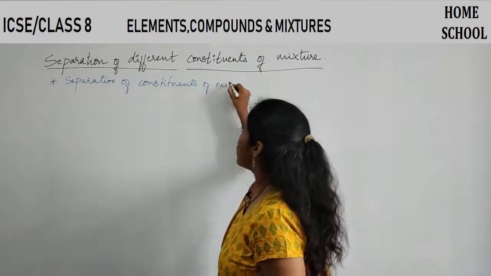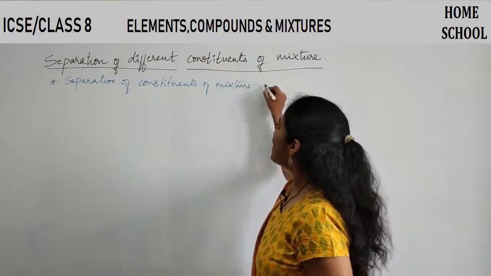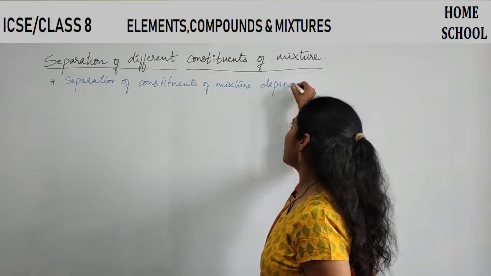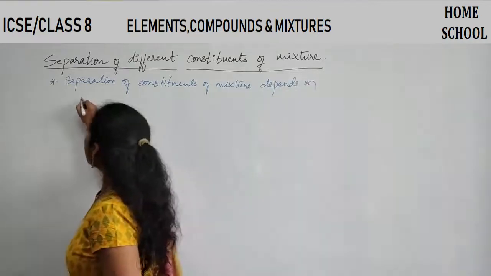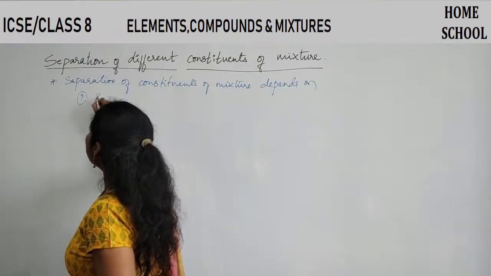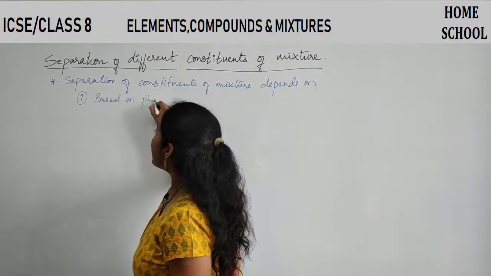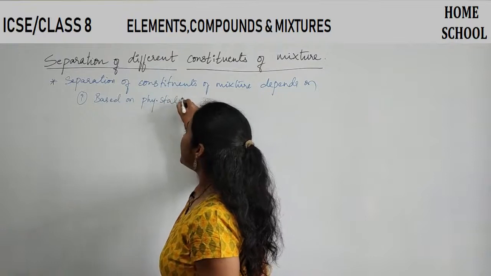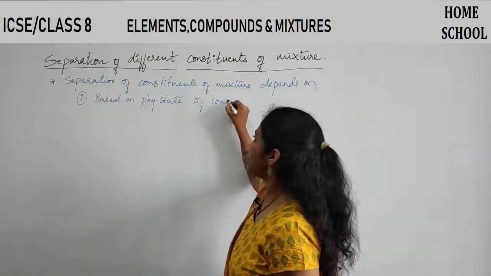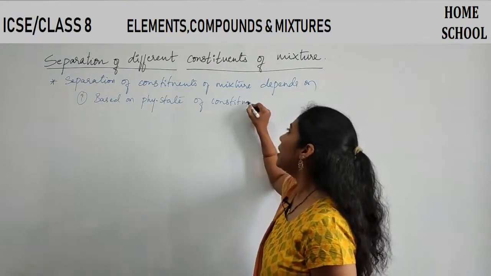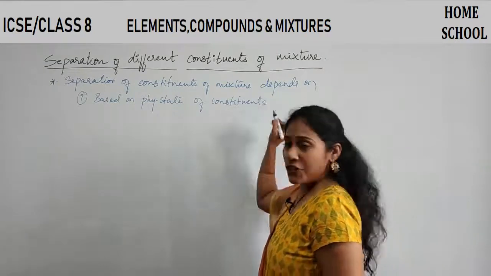The separation of constituents of a mixture always depends on two factors. The first one is based on the physical state of constituents. Like the mixture can have two or more constituents.